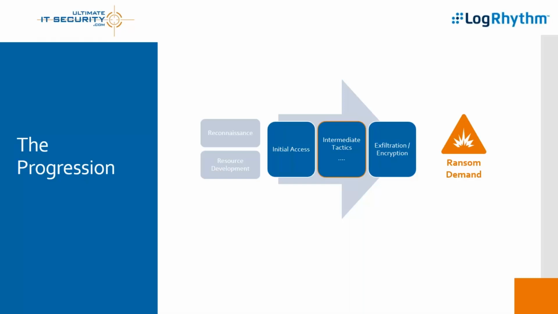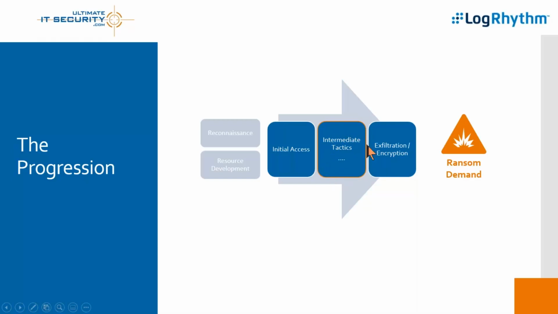Here's some examples of the data that we've got, and we're going to post all of this online if you don't pay. So what happens in between that initial access and the actual, what MITRE ATT&CK calls, impact? Well, you've got all these intermediate tactics, and that's where I believe we have the best chance for detection.